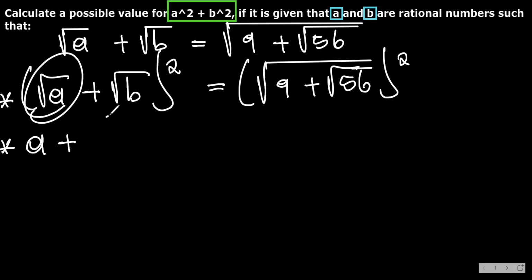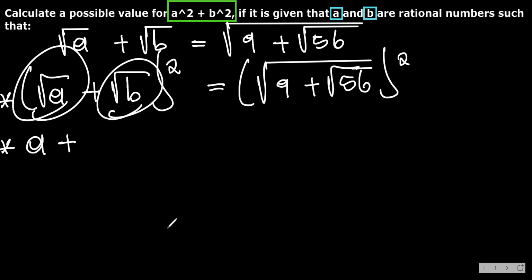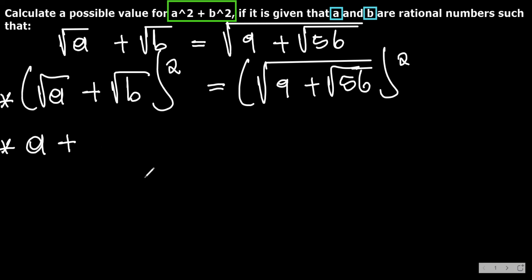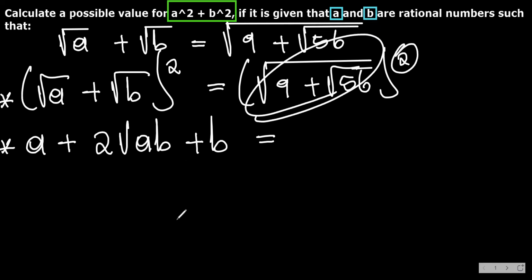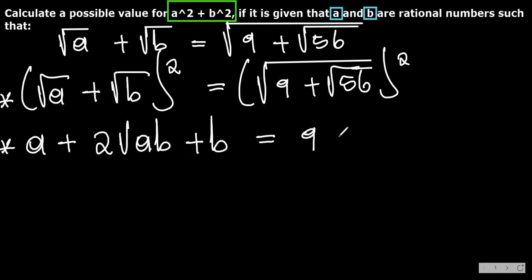Then we take this one and multiply it with that one, and that one with this one as well, and that will give us 2 square root ab. Lastly, we take that and square it, and now we get b. Then on the right-hand side, the square root and the square cancel out, so we are left with 9 plus square root 56.